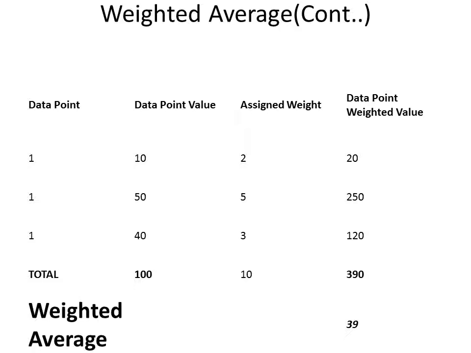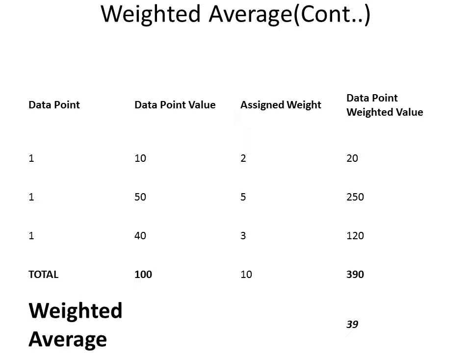So for the first line, data point value 10 is multiplied with the assigned weight 2, so the answer is 20 for data point weighted value. In the second line, the data point value 50 is multiplied with assigned weight 5, the result will be 250, which is the weighted value.